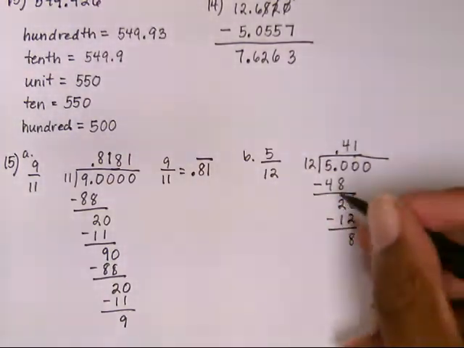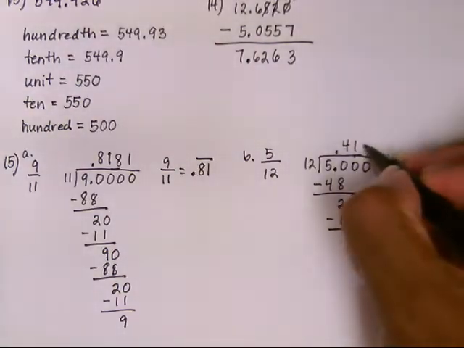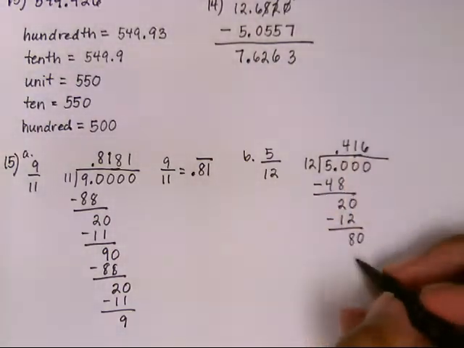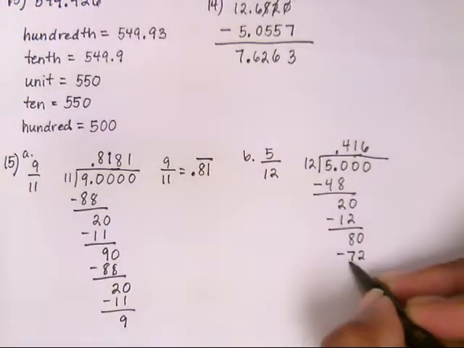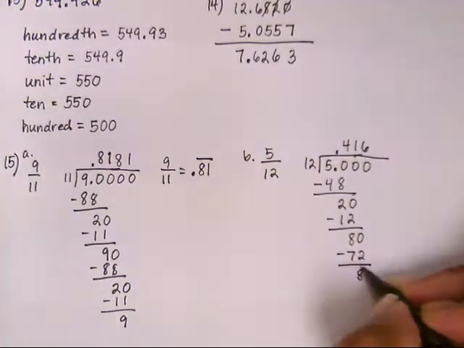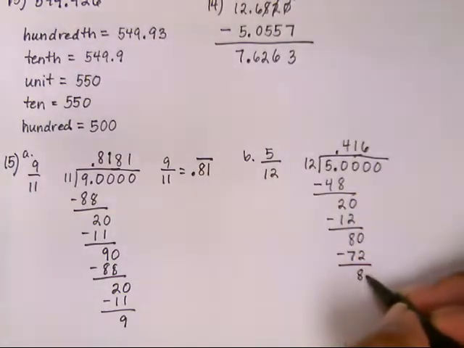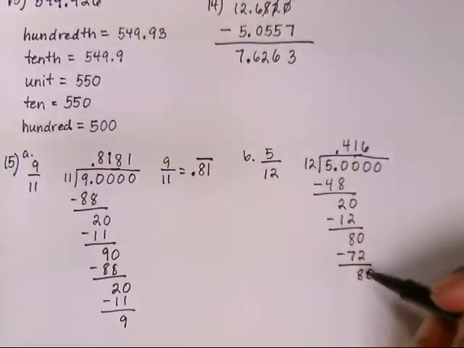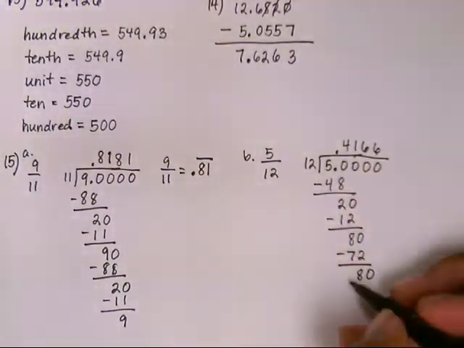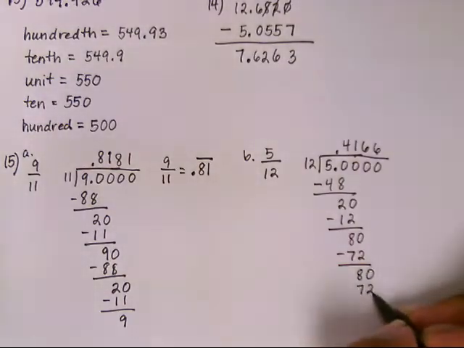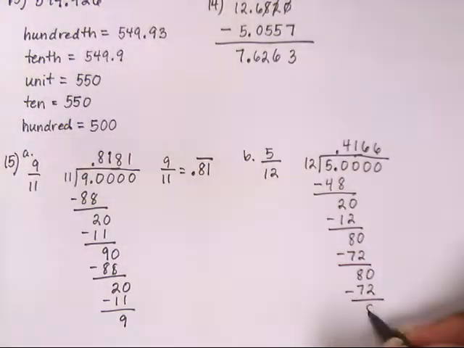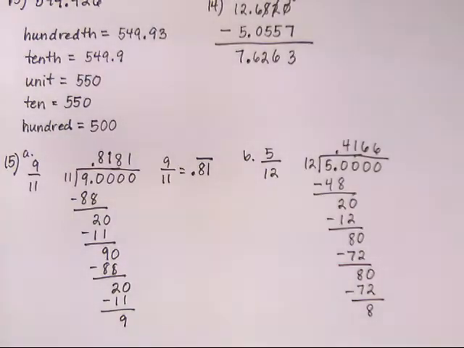Add another 0 and bring that down. 12 goes into 80. Let's see, 6 times 12 will be 72. 72 from 80 will leave me 8. Now if I add another 0 and bring that down, we can see 12 goes into 80 again. 6 times. 6 times 12 will be 72. 72 from 80 would leave me with 8.